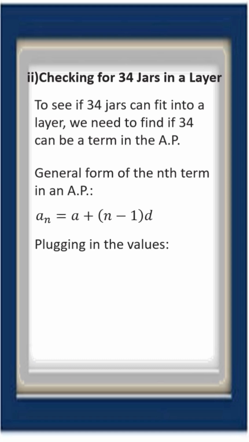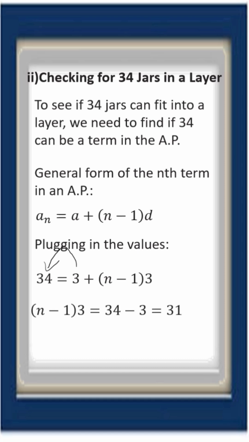Plugging the values. Here an, the nth term, is 34, a is 3, n minus 1, we don't know n, we have to find out. Common difference is 3. Now let us transpose 3 to this side. Now n minus 1 into 3 is equal to 34 minus 3, that is 31.